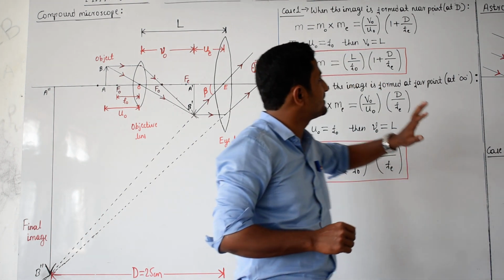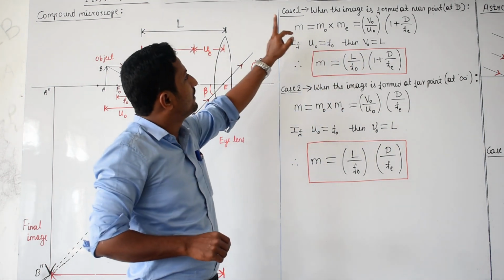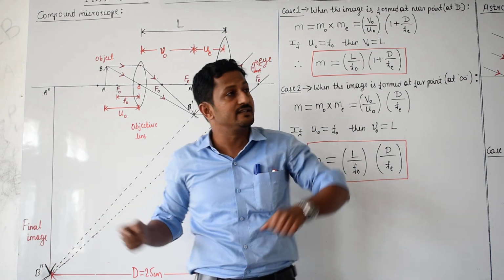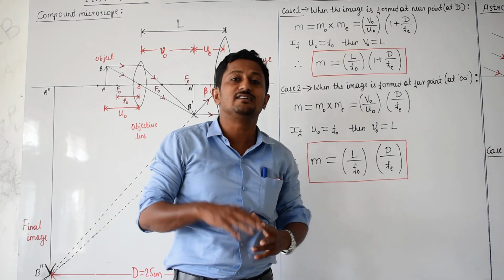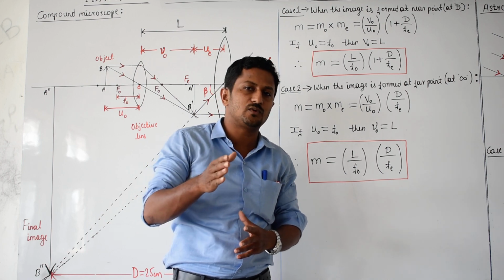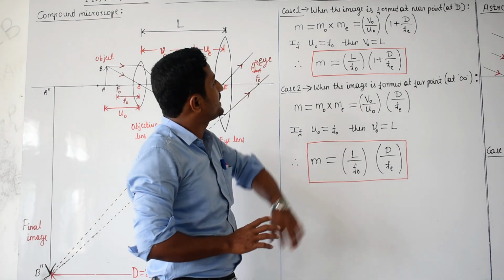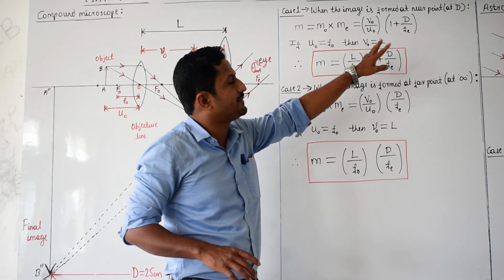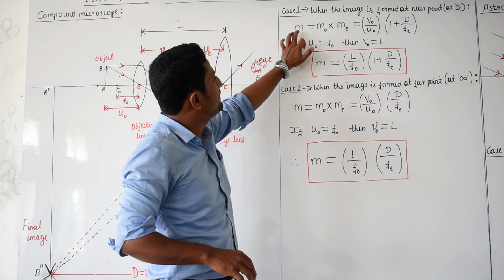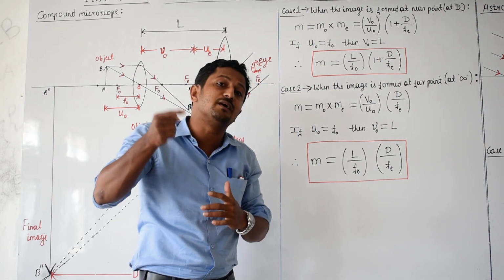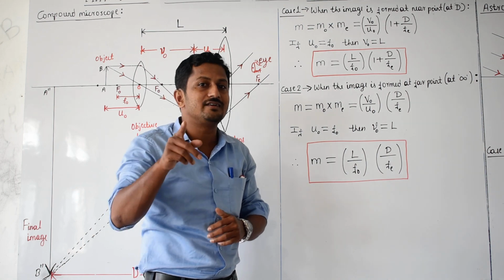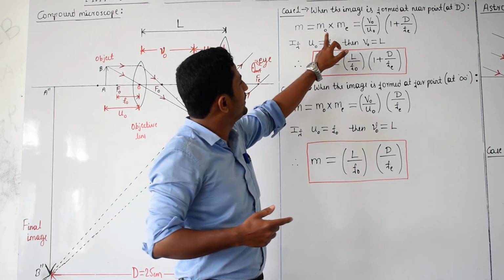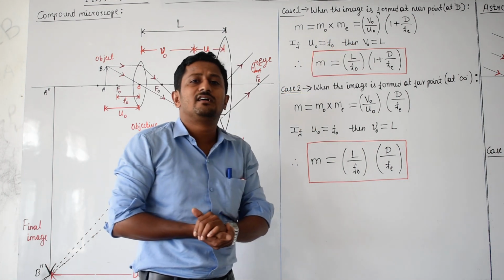Look here, there is a first case I have written: when the final image is formed at the near point. Near point means what? That is the D point. When the image is formed at the near point, I mean at the D point, then the magnifying formula of the compound microscope, as I already said, has two magnifications, one by the objective lens and another by the eye lens.